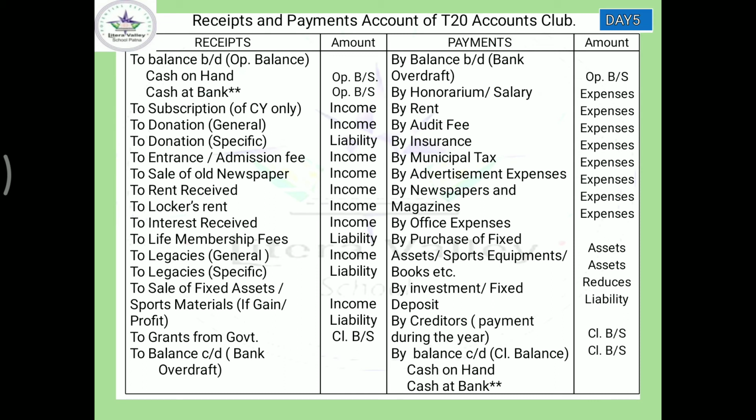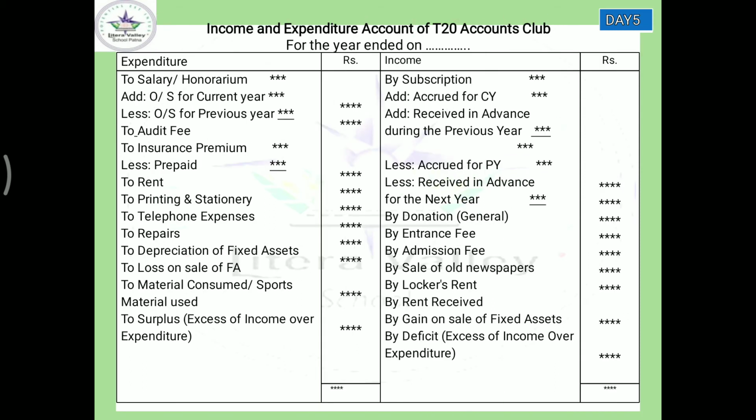So now here is the format of income and expenditure account. You can see here on the expenditure side, salary, honorarium is given, outstanding salary for the current year will be added and outstanding salary for the previous year will be deducted, if it is given in the question.